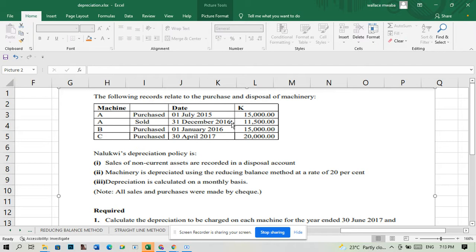So first we're going to calculate the depreciation for this machine. It was purchased on 1st July 2015.